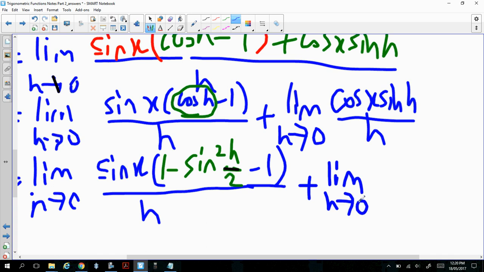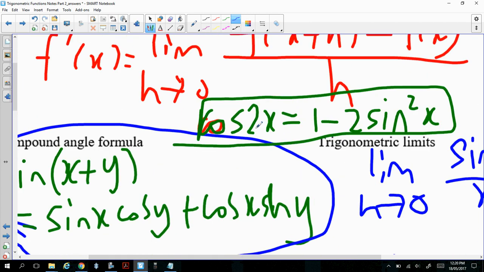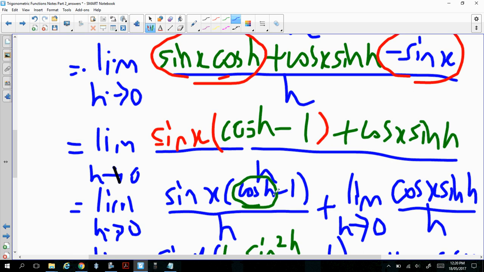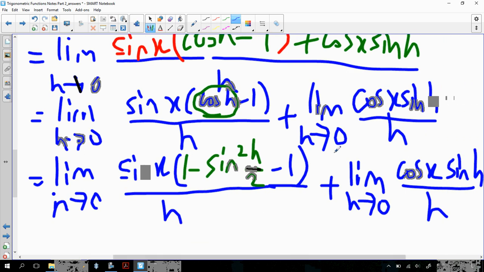What I did is just use this formula. Instead of 2x, I put x here, then this angle will be half of this one. That's why it becomes h over 2. And things get cancelled. It got more complicated than I thought.